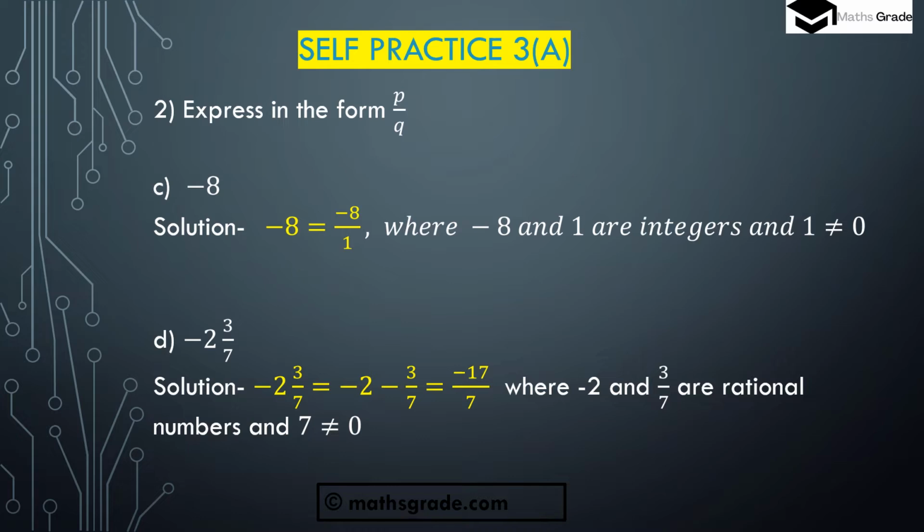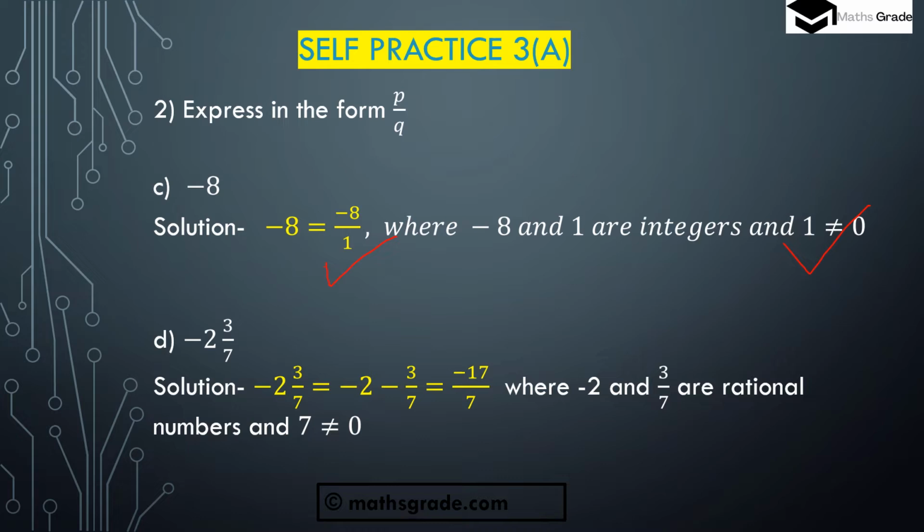Now we solve question number 3, bit C. Minus 8. We can write minus 8 as minus 8 divided by 1, where both P, that is minus 8, and Q, that is 1, are integers, and Q, that is 1, is not equal to 0. D, minus 2 and 3 divided by 7.